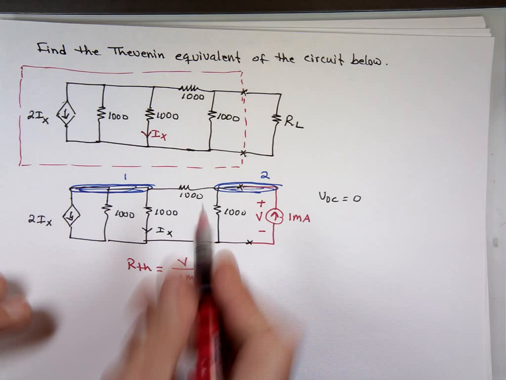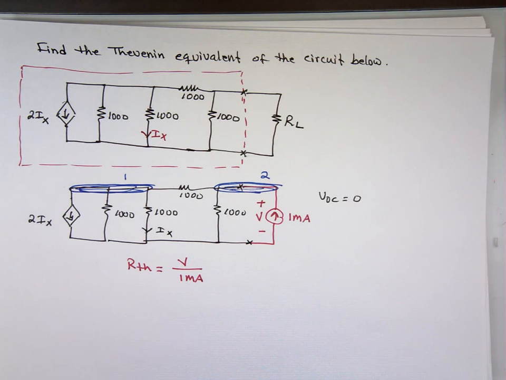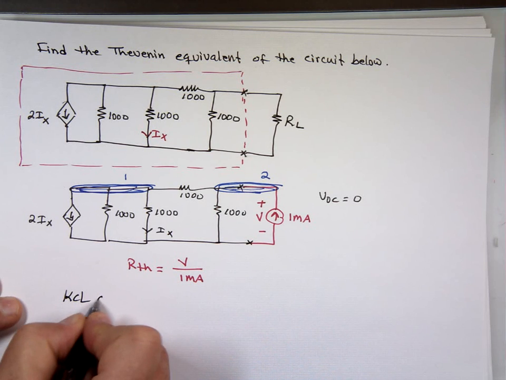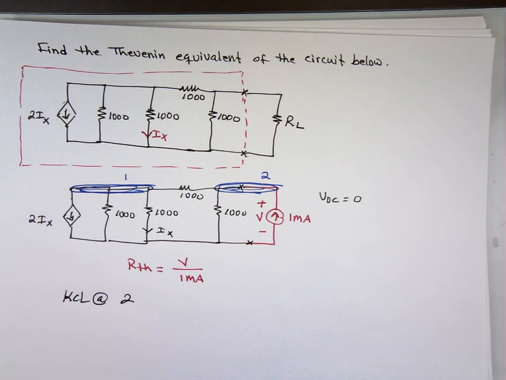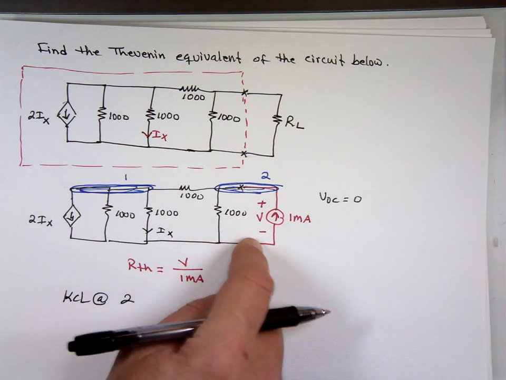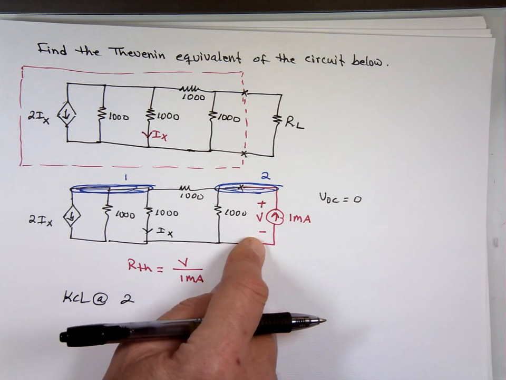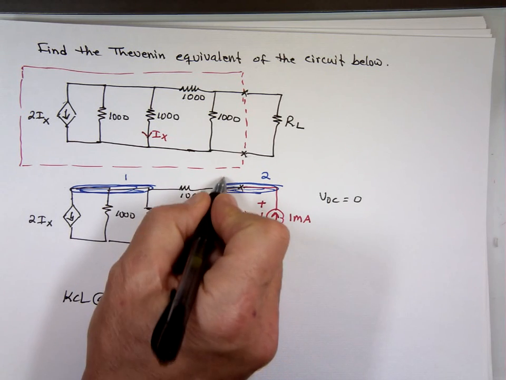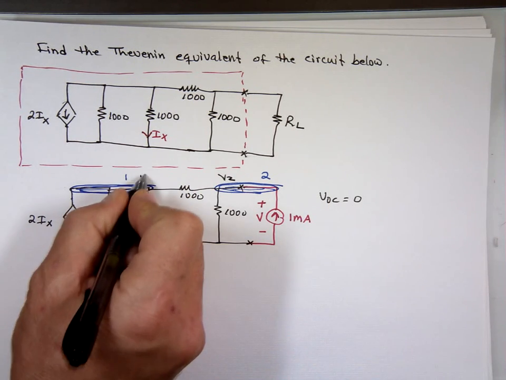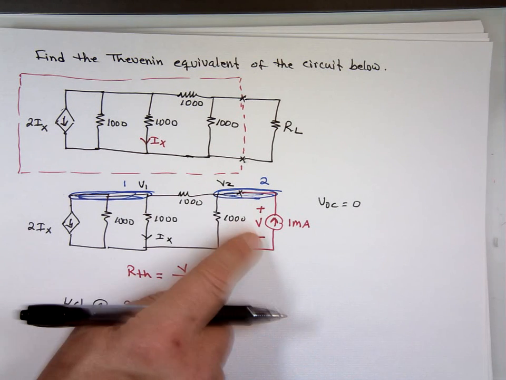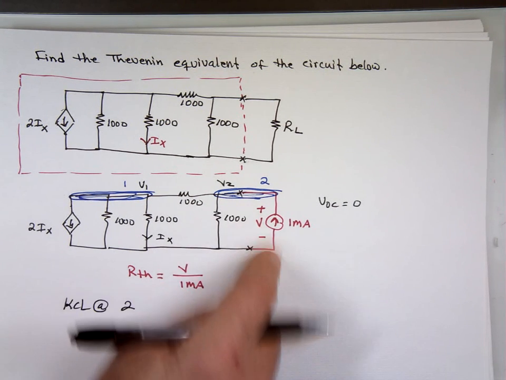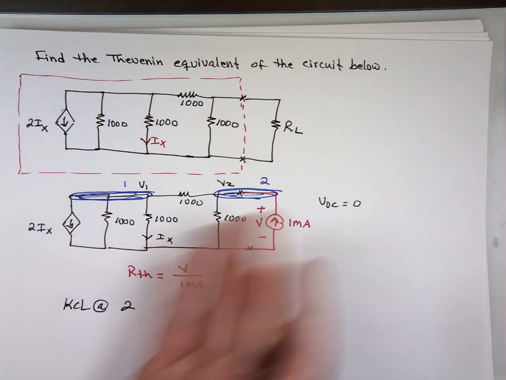Let's look at KCL at node 2, right there. Let's define current. I'm calling this voltage V, so let's call it V2 here. That V2 is really that V here. So if I find V2, it's V, the voltage right here.